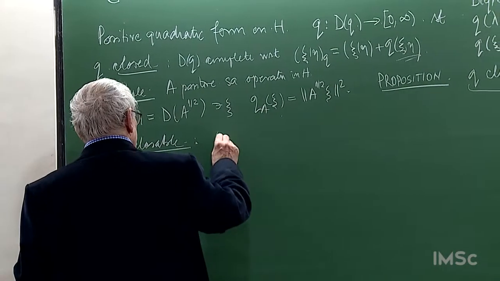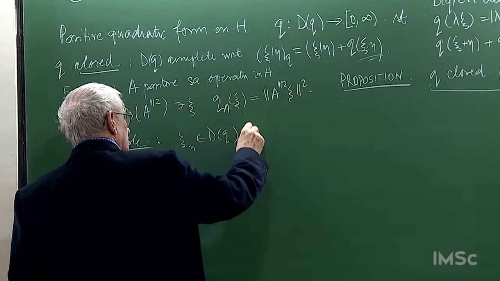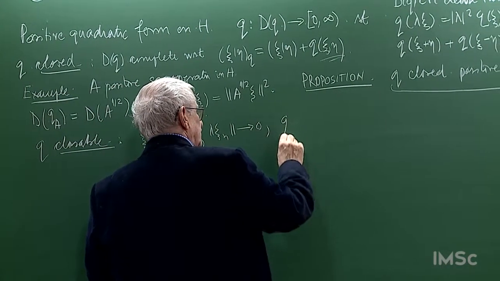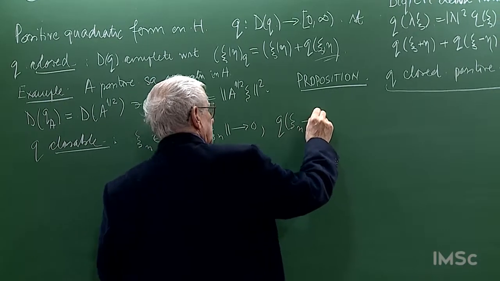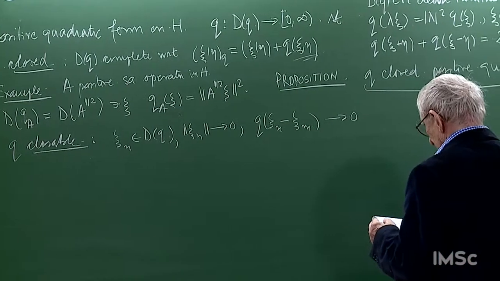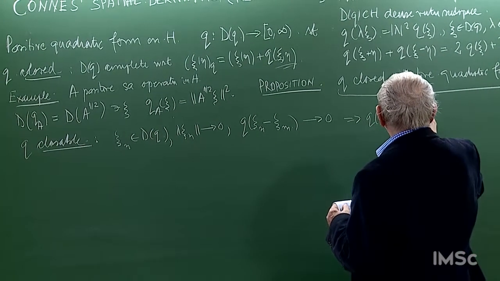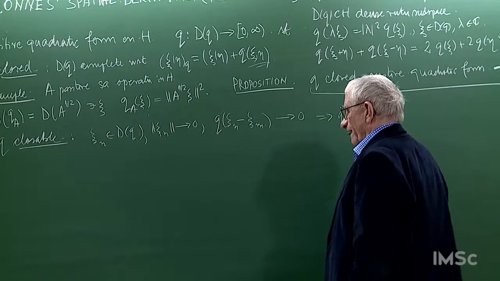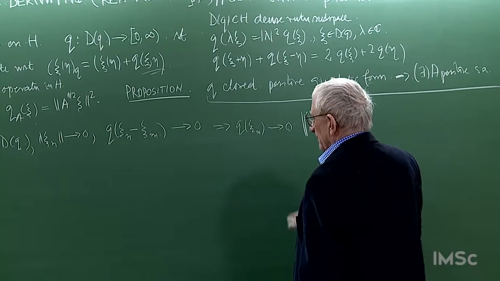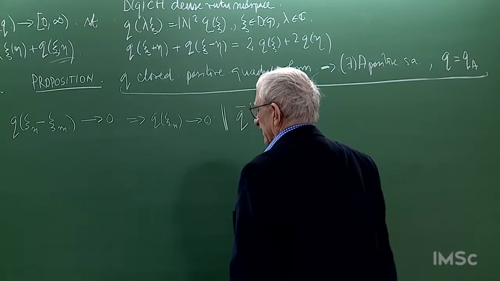Namely, if you have psi_n in the domain of Q, and if the norm of psi_n tends to 0, and Q of psi_n minus psi_m tends to 0, this kind of Cauchy thing, then also Q of psi_n tends to 0. And in this case, there is a minimal closed extension of it, which is denoted by Q bar. Okay.